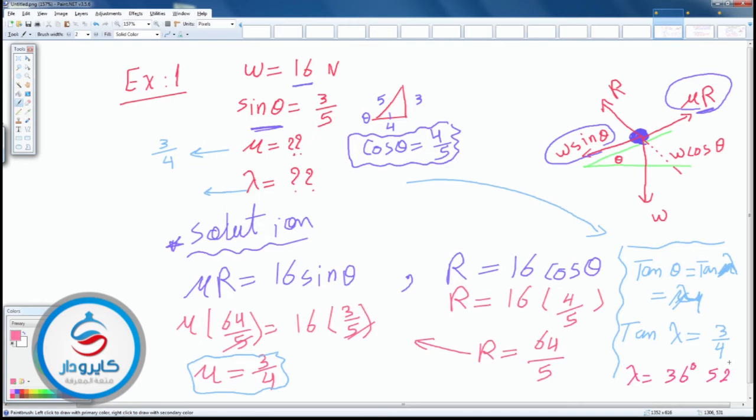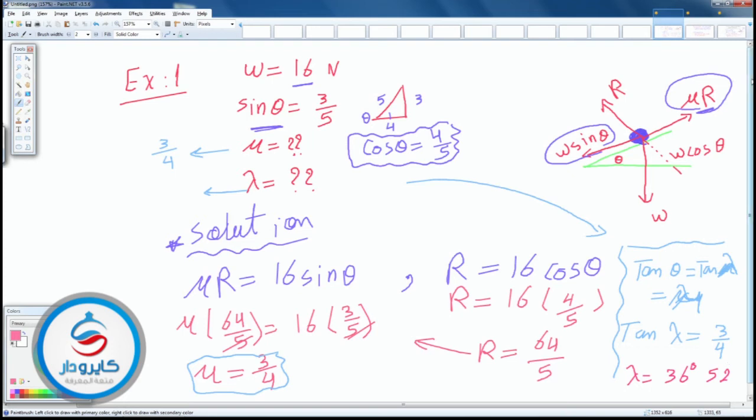That was the first problem, where we learned how to find the unknowns when our body is in equilibrium on a rough inclined plane, how to determine the direction of each component of the weight, and also the direction of the friction force.